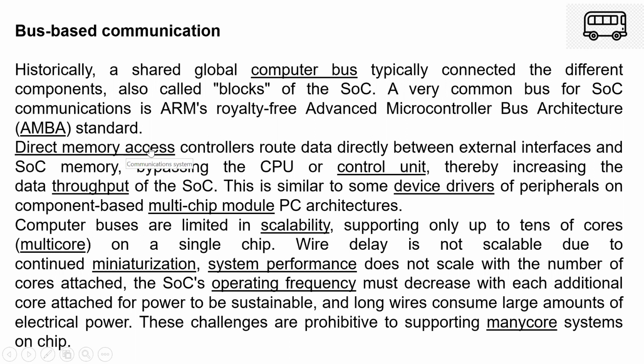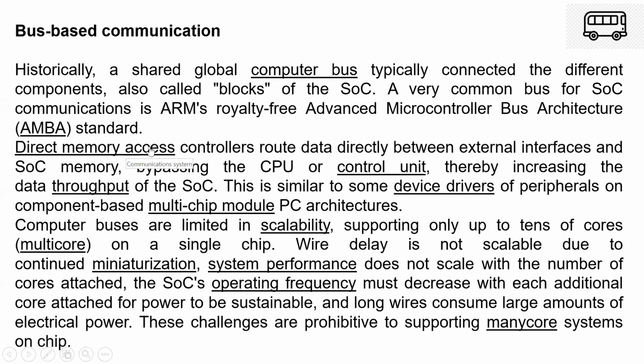This direct memory access process is used for performance enhancement. When an external device wants to communicate with the memory present in the system on chip, with the help of the DMA process, the central processing unit is not involved in the data transfer.